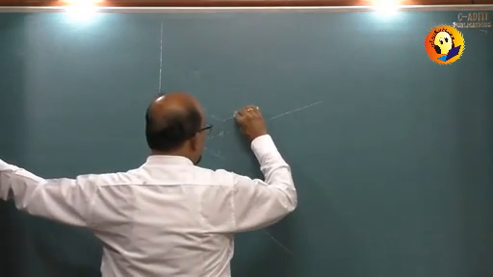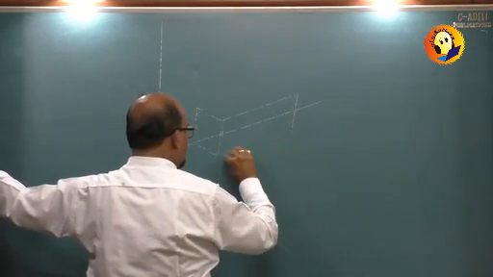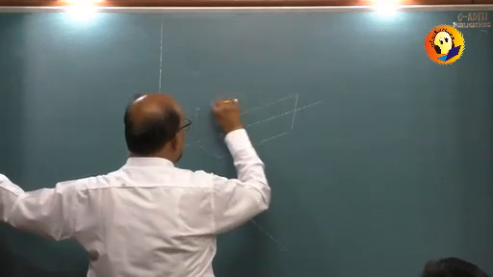I have initially a line which is parallel to HP as well as VP. That was our very first consideration.